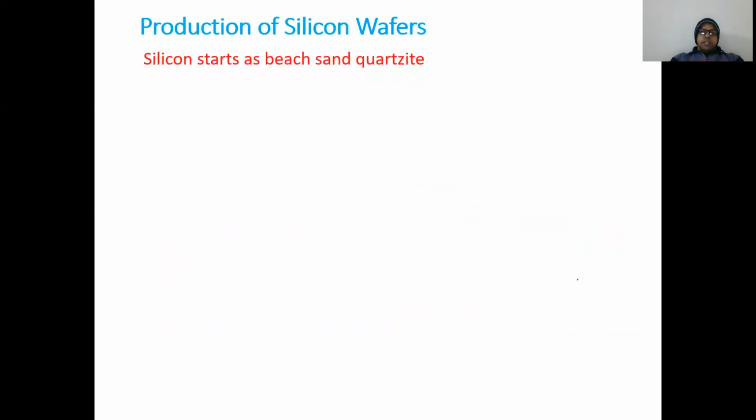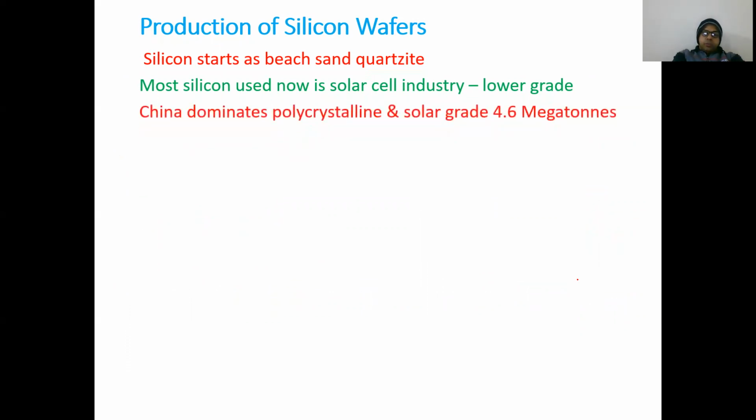So silicon starts as beach sand and quartzite. This is the raw material for silicon wafer. The silicon used in the solar industry is of lower grade, while that of your IC industry is of high grade.